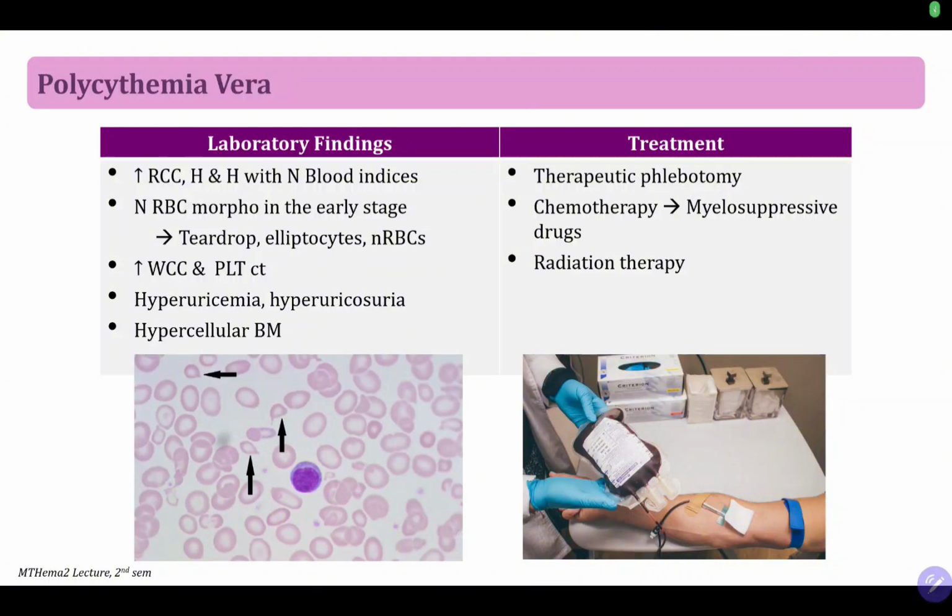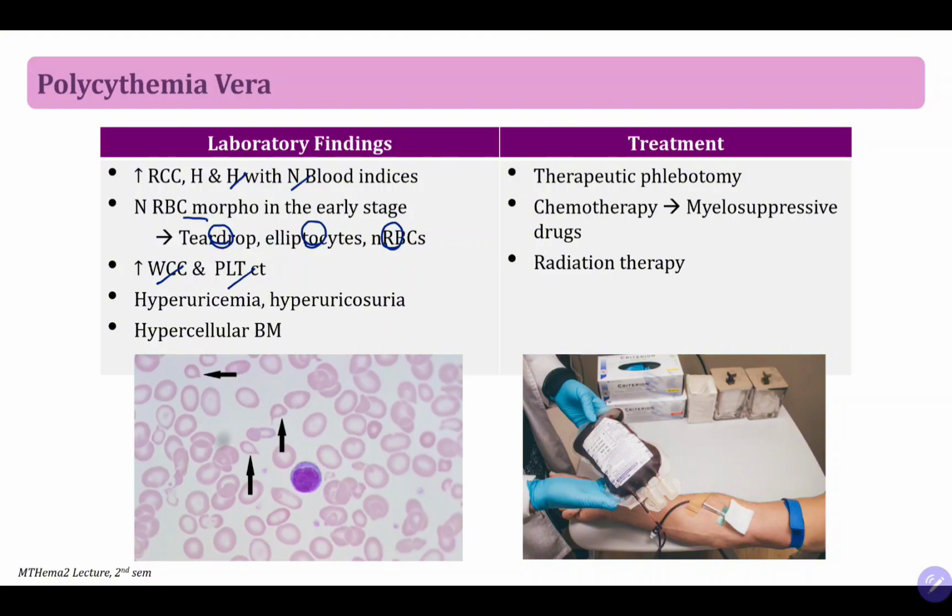Now, laboratory findings in polycythemia vera shows increased red cell count with increased H&H and normal blood indices. In the early stages, there would be normal RBC morphology. However, as the disease progresses, there could be the presence of your teardrop cells, elliptocytes, and your nucleated RBCs. Of course, your WBC and your platelet count is also increased.